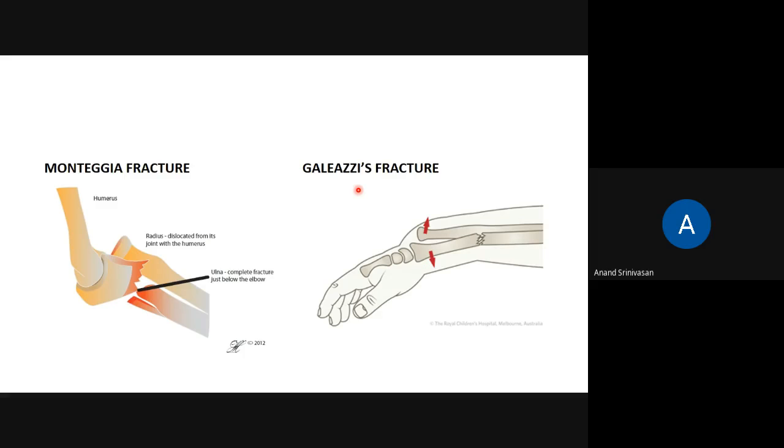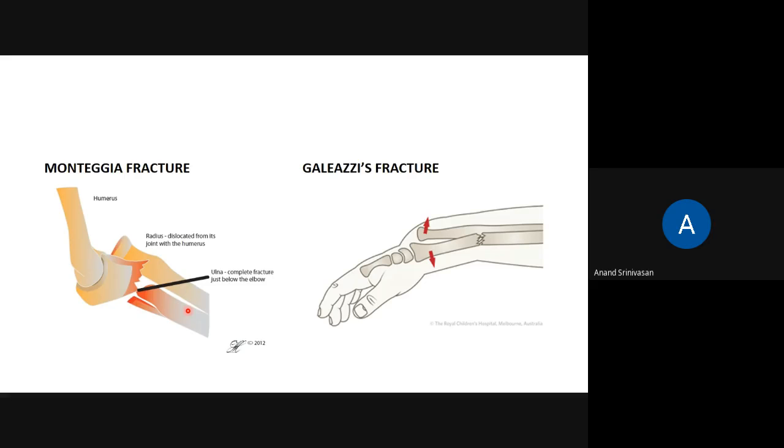But what we would ask is what happens. See here in Monteggia fracture, the proximal ulnar bone is pulled up. Which muscles are affected? Which artery is affected?